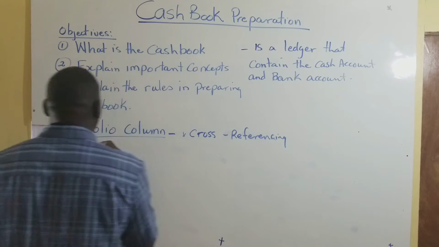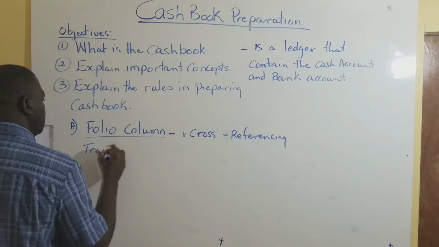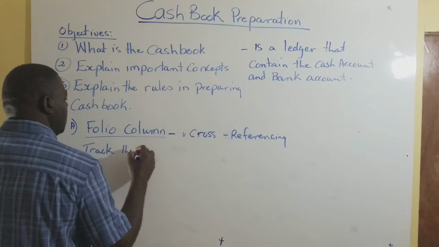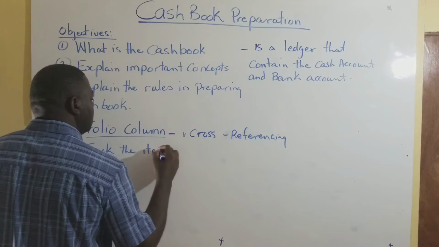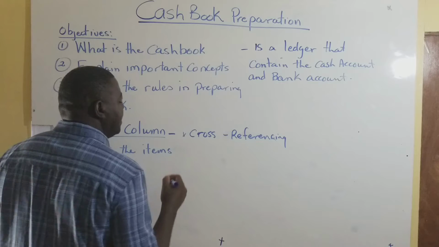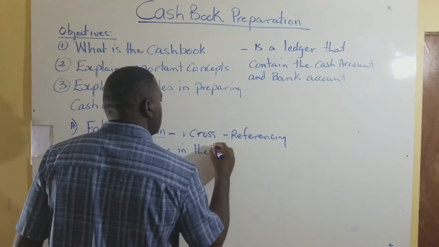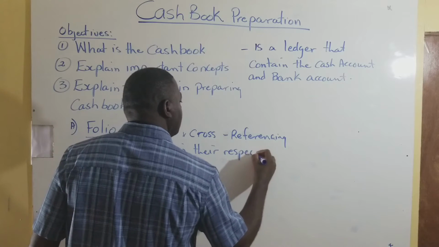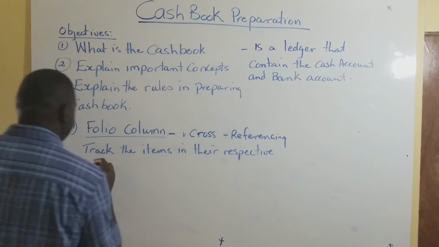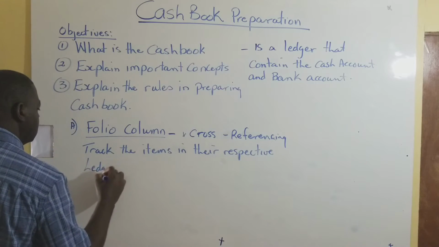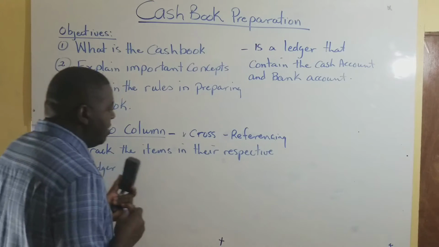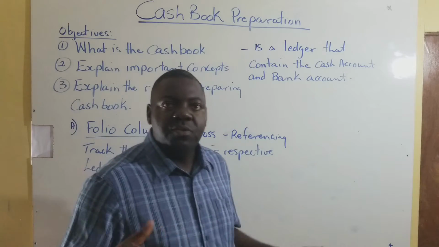Because what we want to do is to be able to track the items in their respective ledgers. So we want to be able to track the items. Do they really pay us?